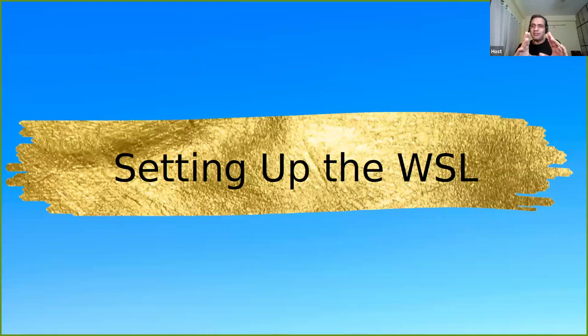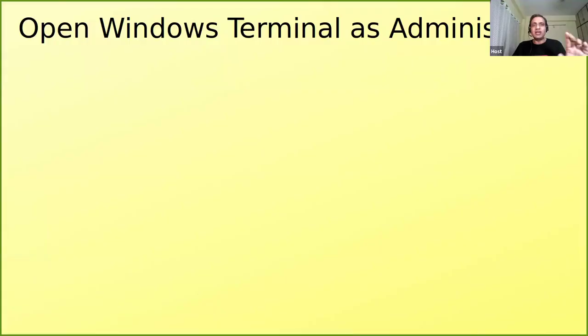So I have the appropriate images over here, which will help you understand how to install WSL on your Windows machine. Okay, so what you need to do first of all, on your Windows 10 or Windows 11 machine, is open PowerShell as an administrator.